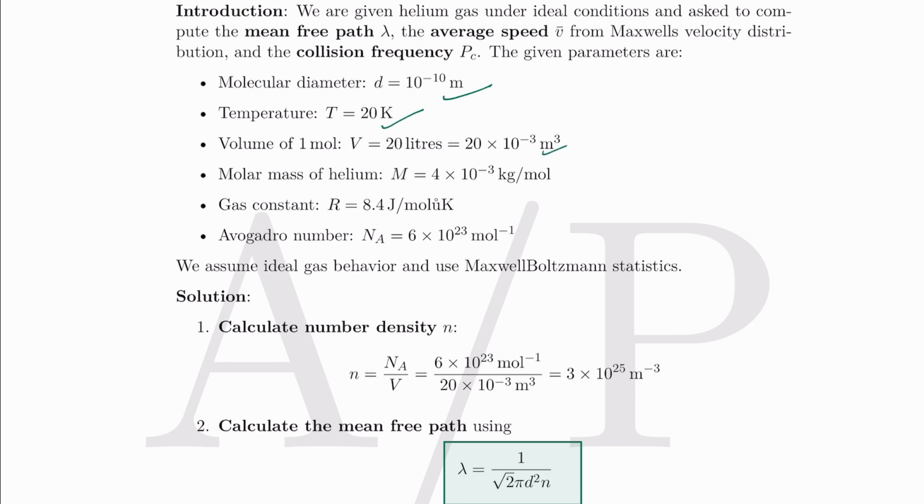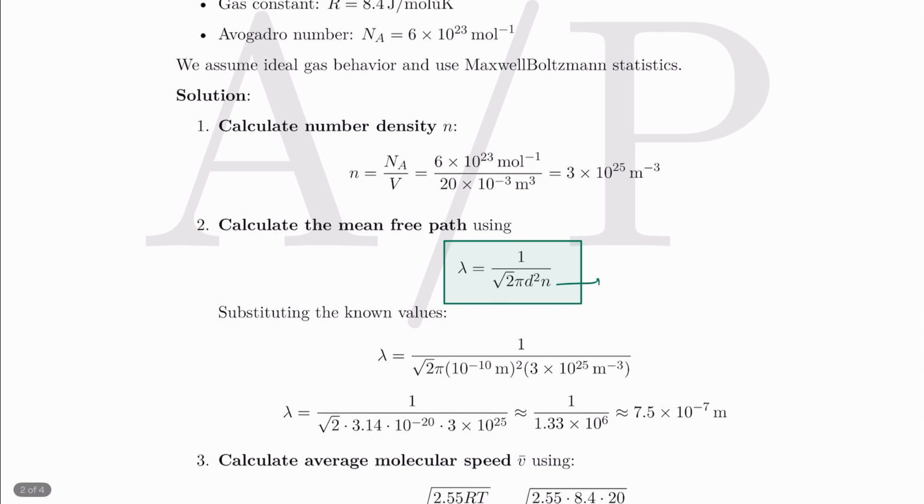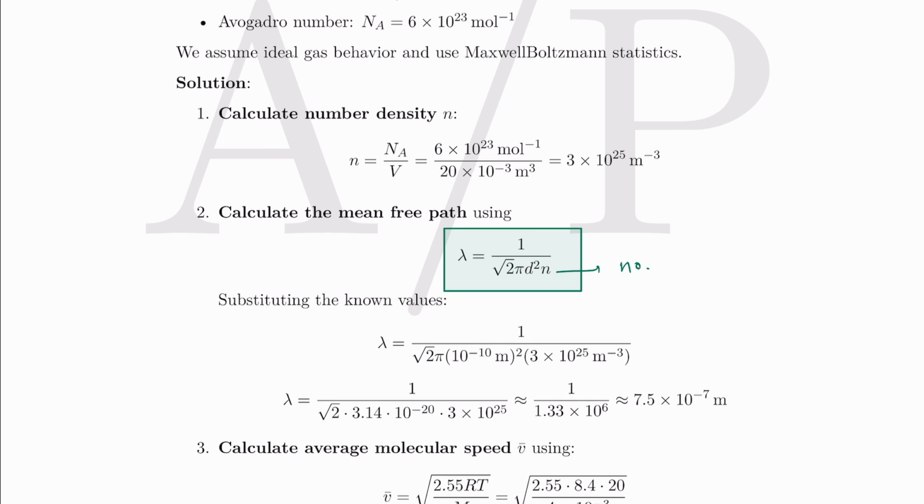Temperature is T, volume is V. So our next job is to only calculate the n, which is here number density. n is the number density, that is number of molecules within the unit volume. So simply we can take n equals to Na, Avogadro number, divided by the volume.